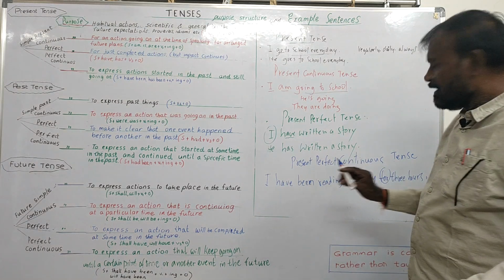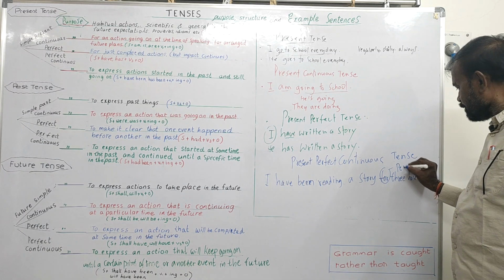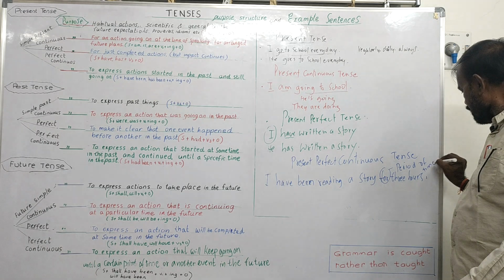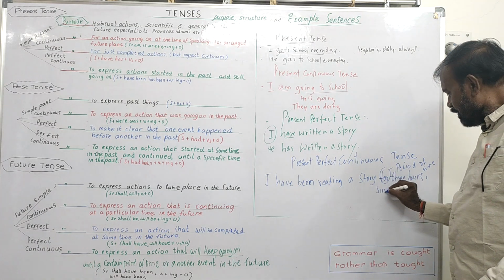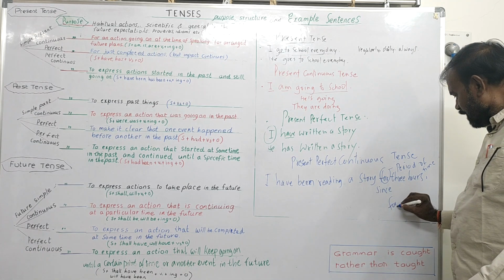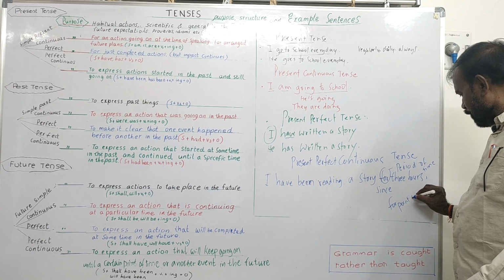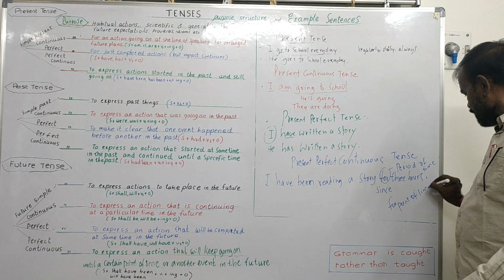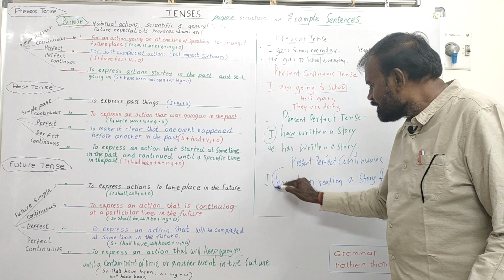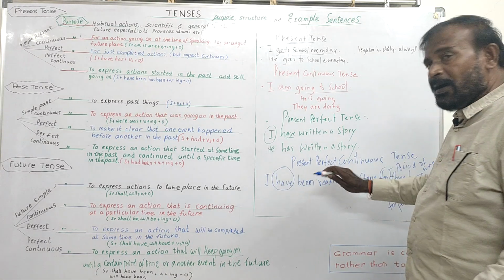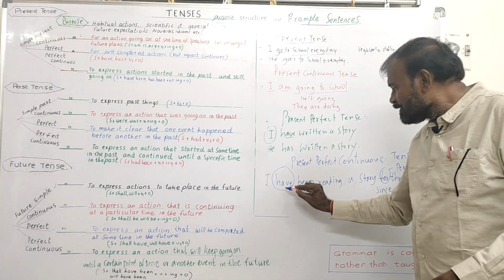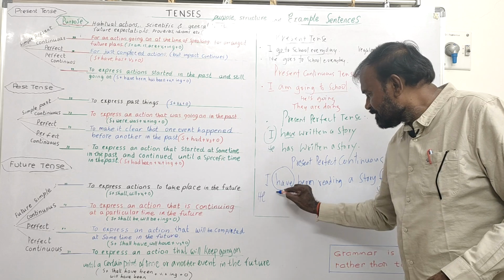When we are saying a period of time we use for, or when we use since for a point of time. When the subject is plural or I, we use the helping verb have, or if it is singular, that means he, she, or it, we use has.